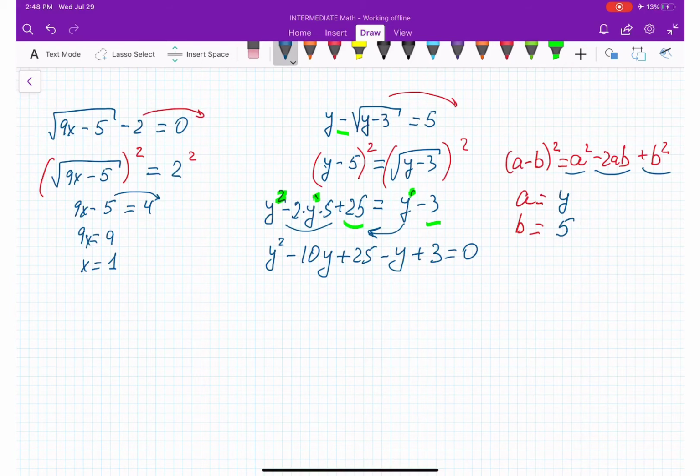Remember, to be able to solve a quadratic equation, we have to have 0 on the right side. All right, so let's combine like terms: 25 and 3, and negative 10y and negative y. So we get y squared minus 11y plus 28 equals 0.